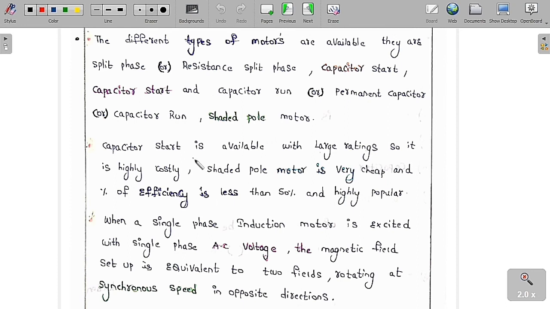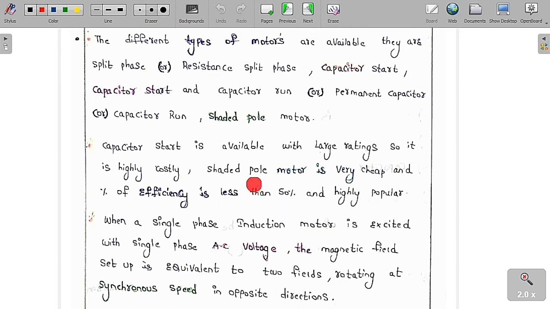So if you compare the capacitor start and the shaded pole among all the single phase induction motors, the capacitor start is always available with larger ratings and is highly costly, whereas the shaded pole motor is very cheap, its efficiency is very low, and it is very popular among the remaining single phase induction motors.